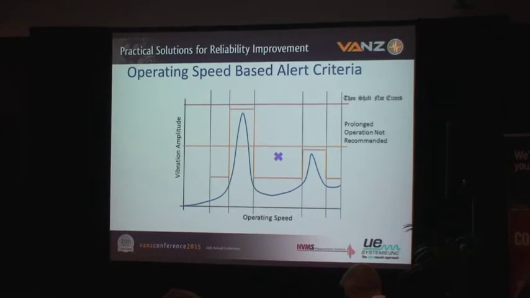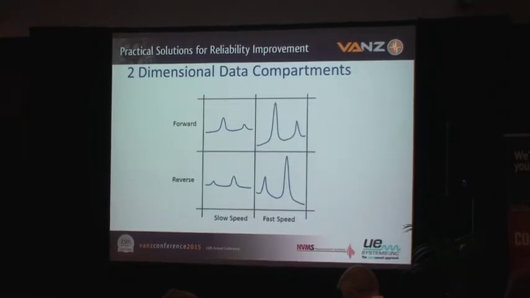It's pretty simple, though, when we do this, and I consider this to be a one-dimensional compartmentalization, because really the only variable that we're dealing with is speed. But it gets a lot more interesting when we start going to other factors. For example, consider a conveyor or a lifting device or a robotic type system where you really have four states.